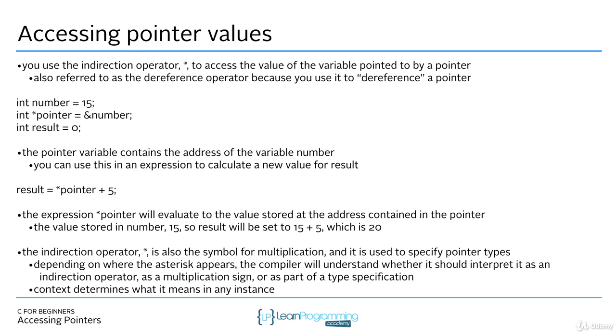So it's all about context when you use this indirection operator. That's how the compiler is going to interpret it. Whenever you see star pointer, and you don't have a data type before it, or you don't have two numbers on each side, then you know it's an indirection, a dereferencing.